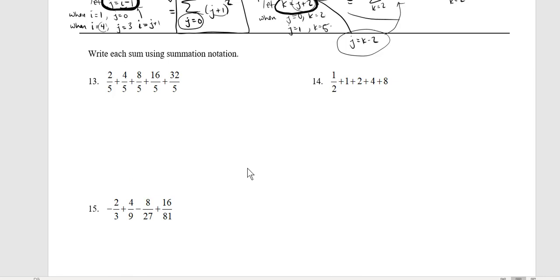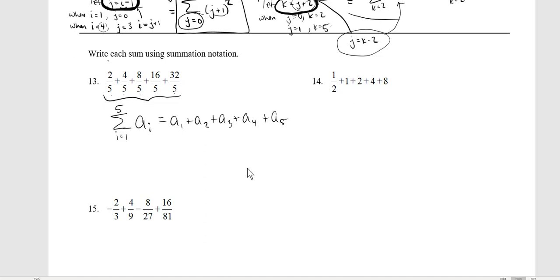So for this one, for example, how many terms do I have here? I've got 1, 2, 3, 4, 5 terms being added up. So let me say that I'm adding from i equals 1 to 5. I'm adding some terms a_i, right? So I'm adding a1, a2, a3, a4, plus a5.